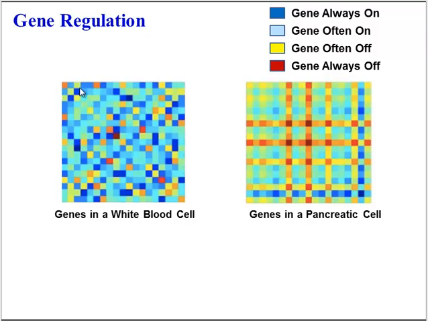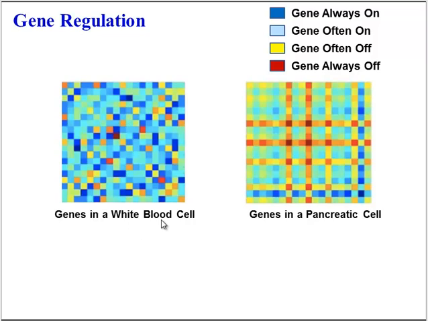All the genes here that are dark blue are always turned on. In other words, they're being transcribed and translated to produce a protein. The genes that are red are turned off all of the time. They are never transcribed or translated into a protein. And meanwhile, the light blue and the yellow genes are sometimes on and sometimes off.